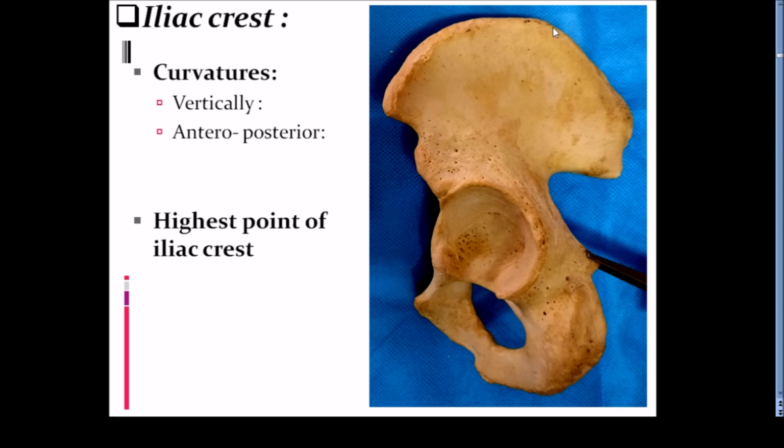It is a little behind the midpoint. The level of the highest point of the iliac crest is at the interval between the spines of the L3 and L4 vertebrae.